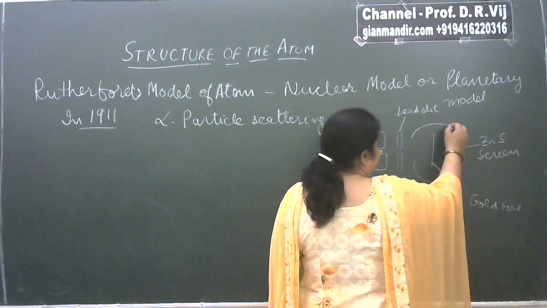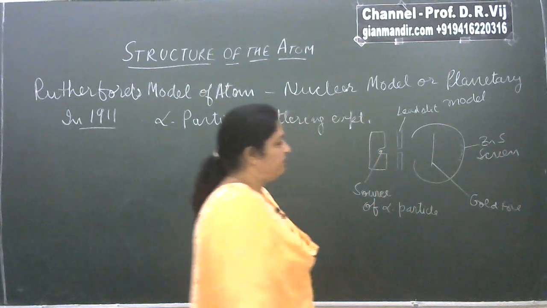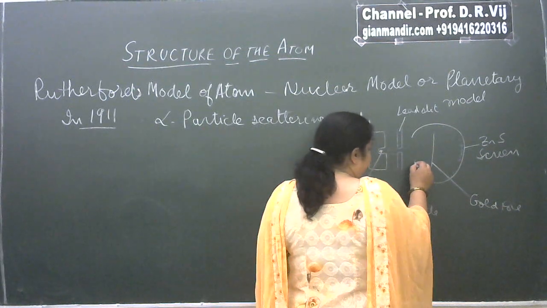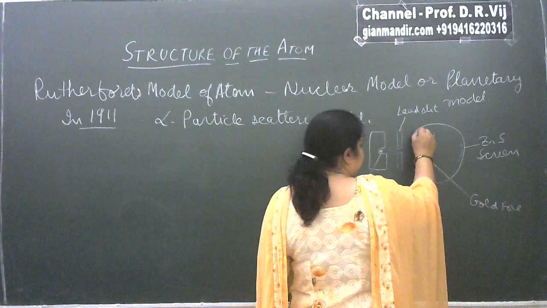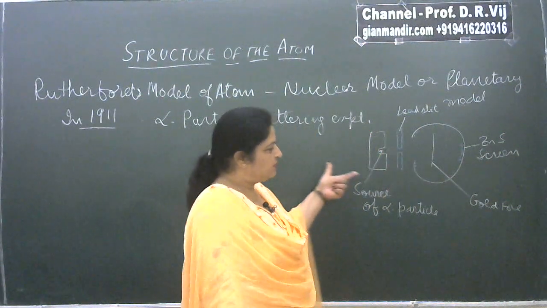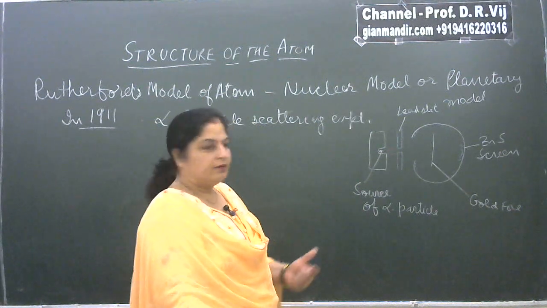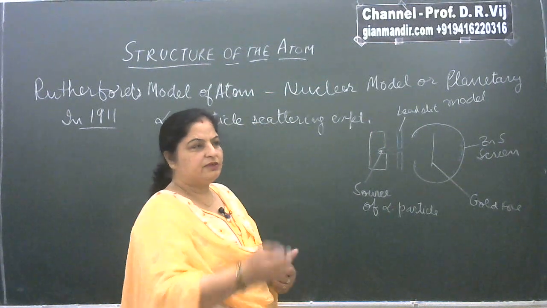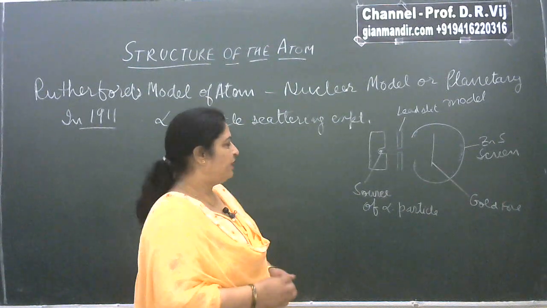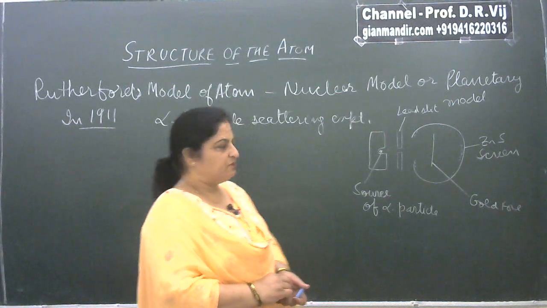Very little glow, or deflection by small angles, was observed, and the rarest glow was obtained just in front of the gold foil, showing that very rare alpha particles are deflected by large angles. That was Rutherford's experiment.